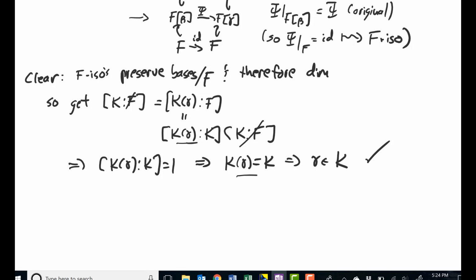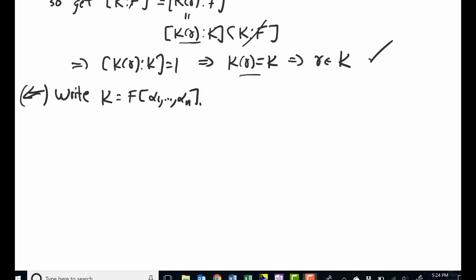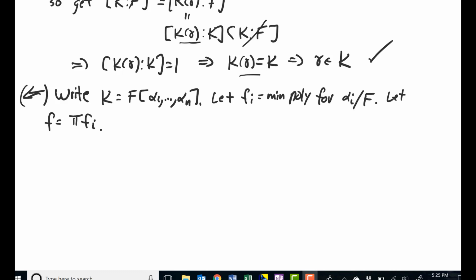All right, that ends the right direction, which leaves the left. Since k is now a finite extension, that means we attached alpha 1 through alpha n, some algebraic elements. Let's write f sub i for the minimal polynomial over f for each of those alpha i's, and let just plain f be the product of all those f sub i's.